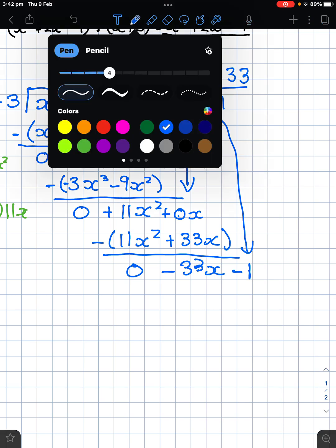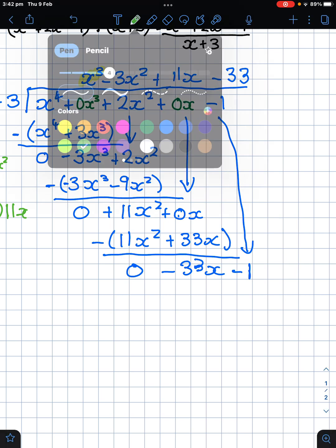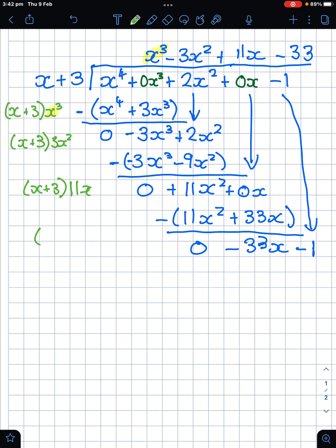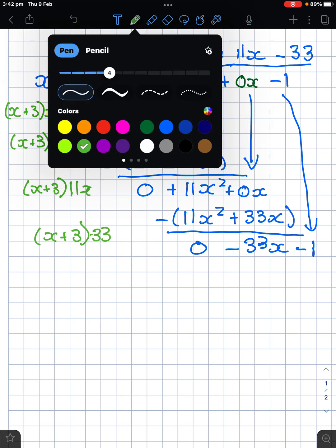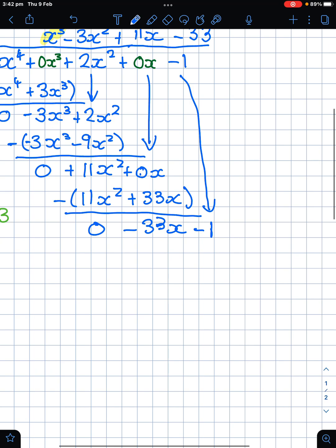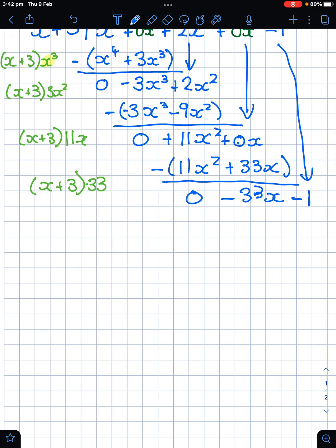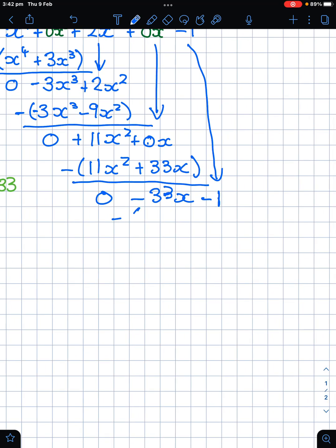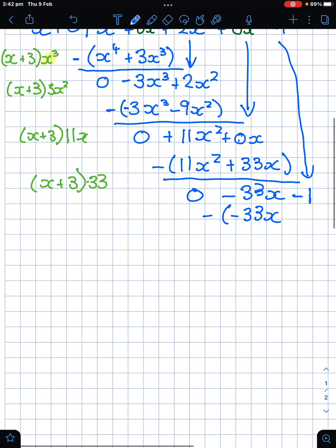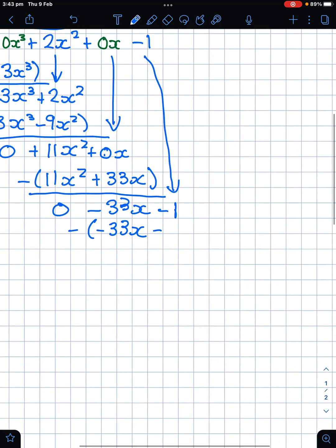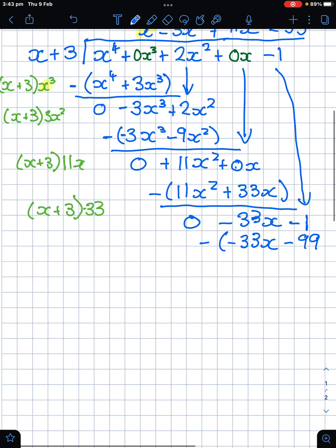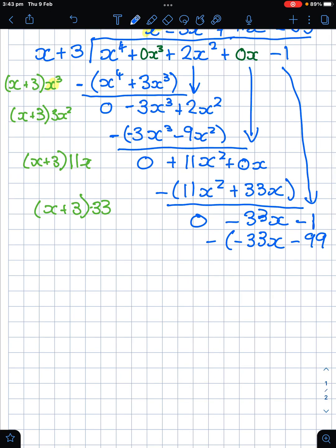So then our next step is x plus 3 times negative 33, and that's going to give us our terms below here, which is x times negative 33 is negative 33x, and then our other term here is going to be negative 99 from these two values here.